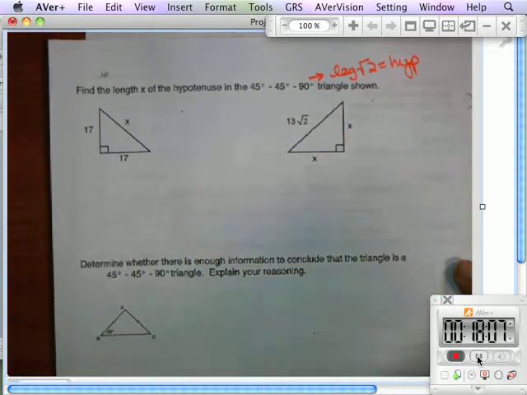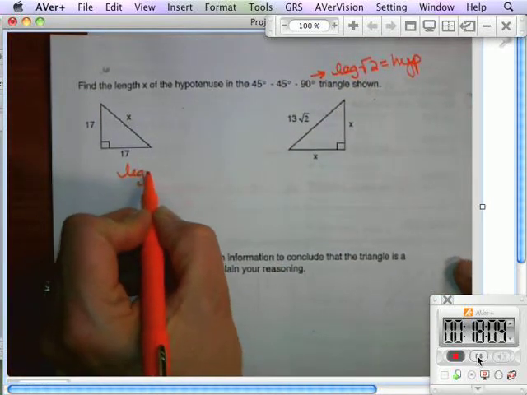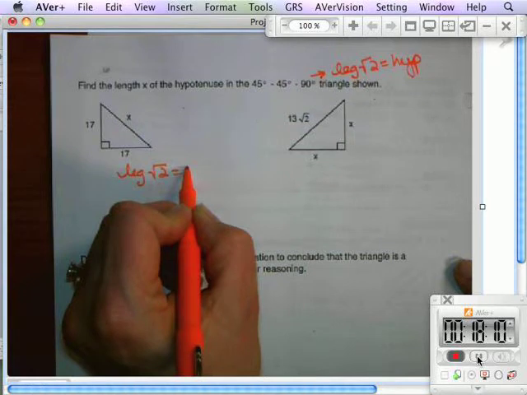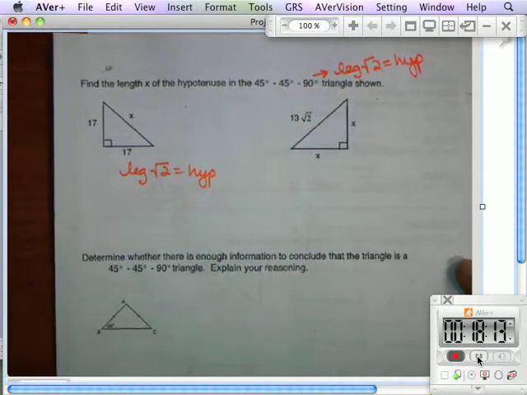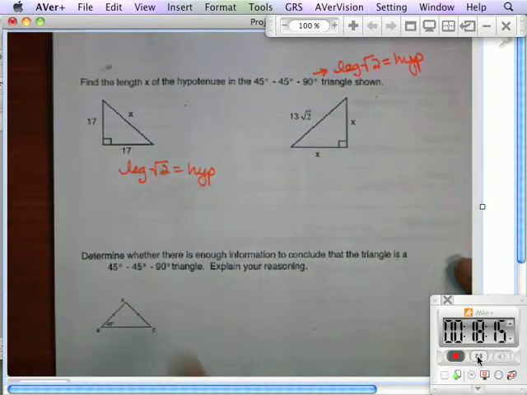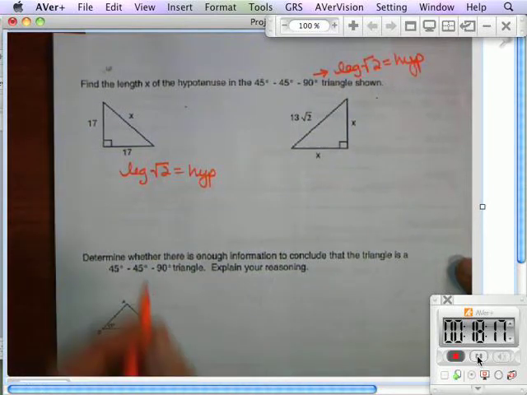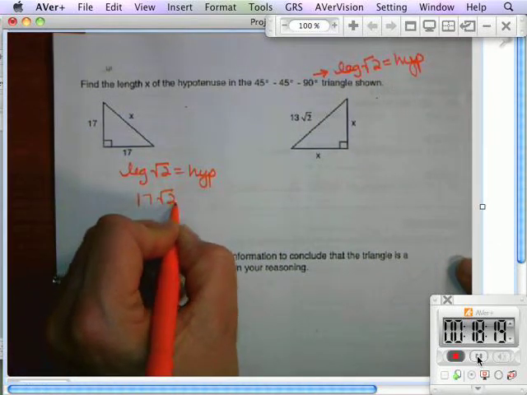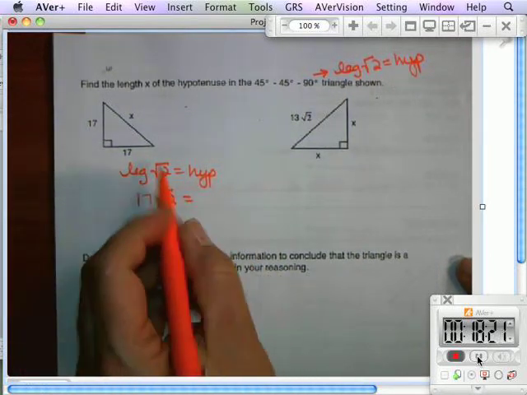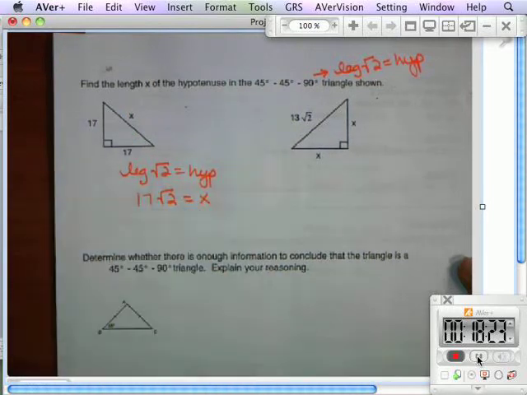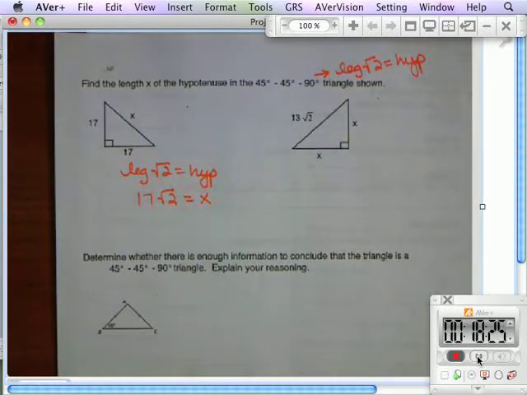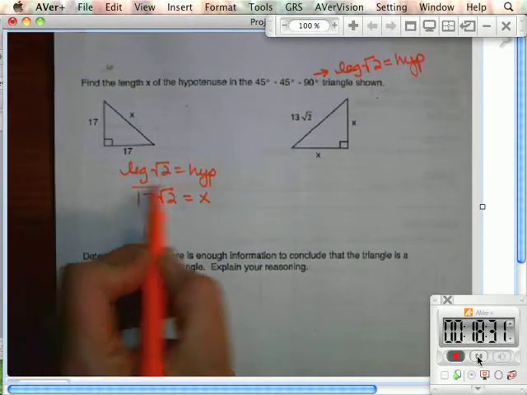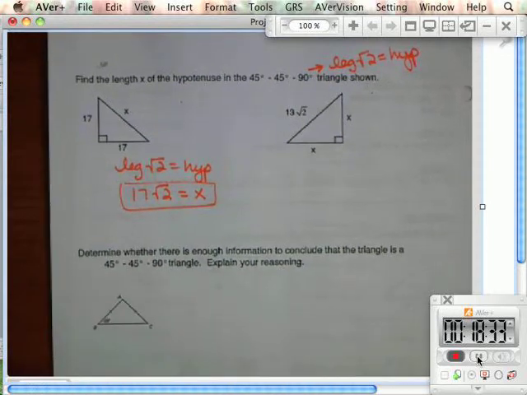So write it down here, 45, 45, 90. I'm going to plug in what I can tell from the picture. How long is the leg? How long is the hypotenuse? Oh, look at that. If it doesn't say otherwise, I can leave my answer in that form. I'm done. The hypotenuse is 17 times the square root of 2.